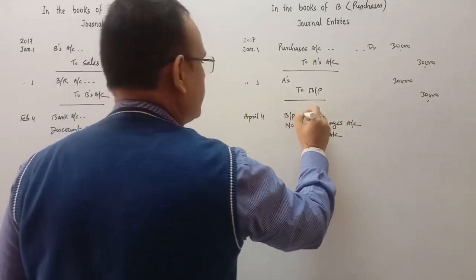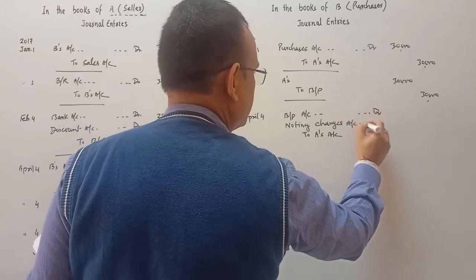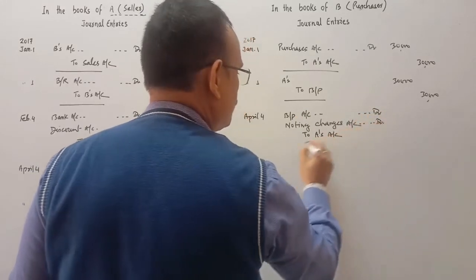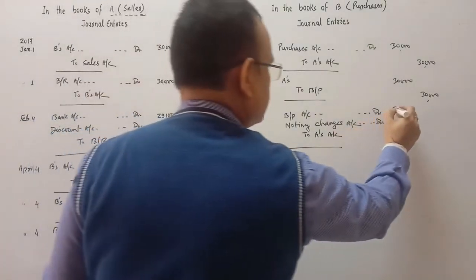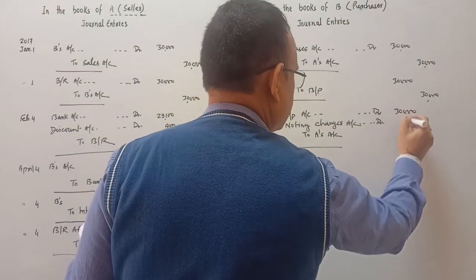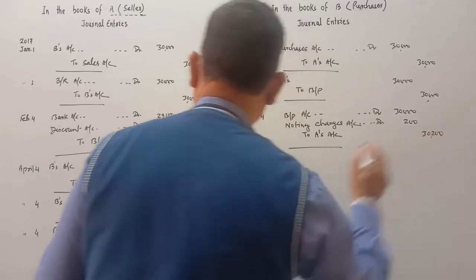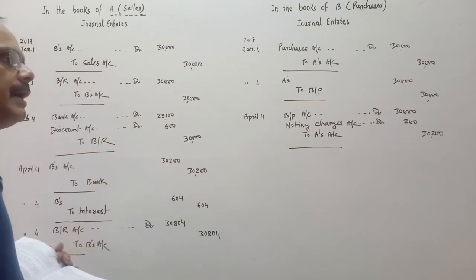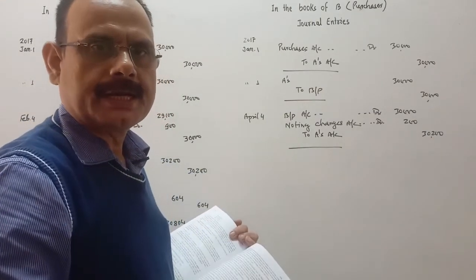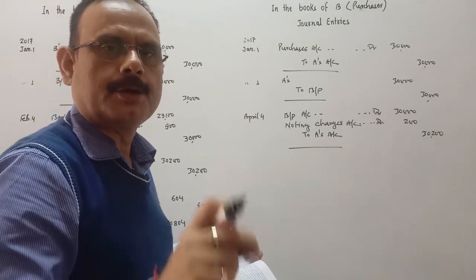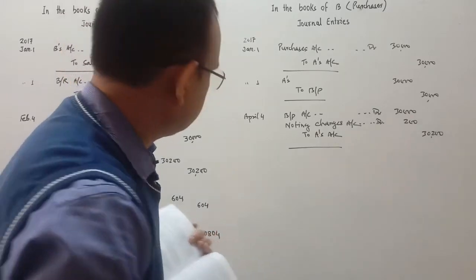So bills payable account debit, noting charges account debit to A's account. The amount of the bill is 30,000, noting charges are 200, so it is 30,200. He will write in the narration, being bill dishonored on the due date and noting charges paid on it by the holder rupees 200.